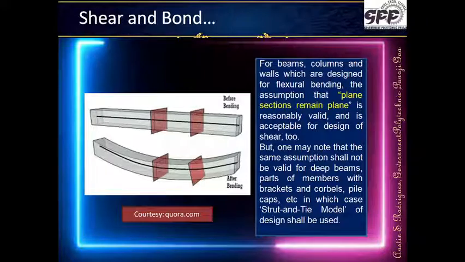Other than that, for flexural shear, the model which we are going to use is a truss model, a truss analogy, just like a truss. If the member is something like a haunch or a bracket or pile cap or a corbel where the loads are really sudden or heavy, over there we cannot apply the same principles. We are going to use a different model, that is a strut and tie model of shear design.